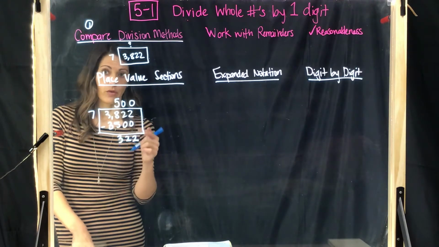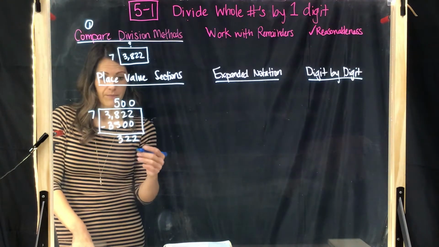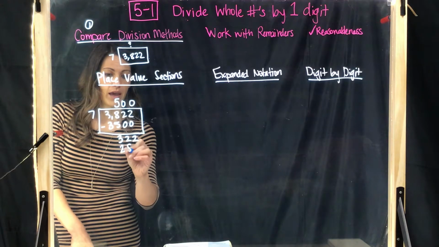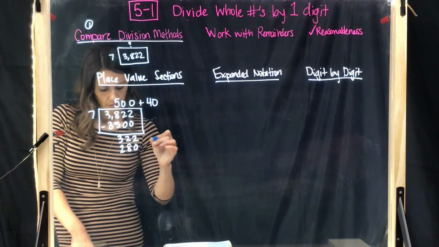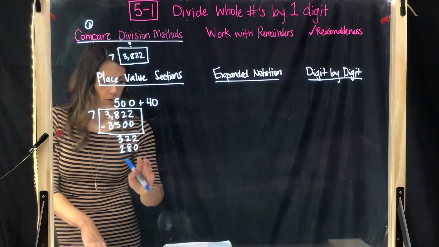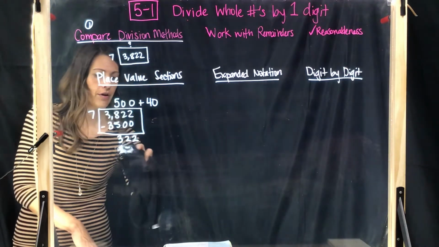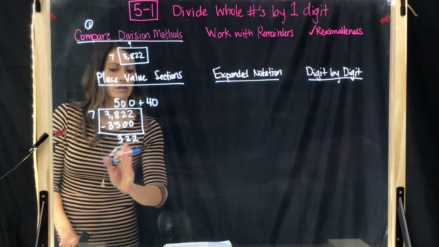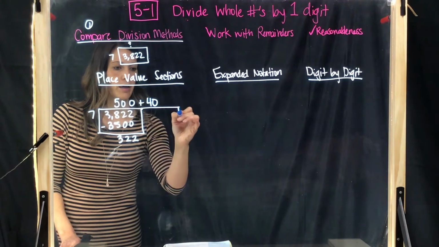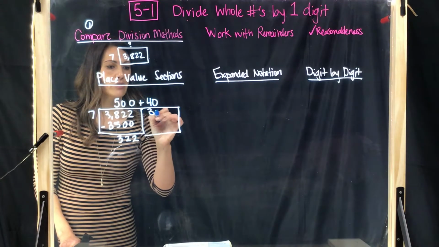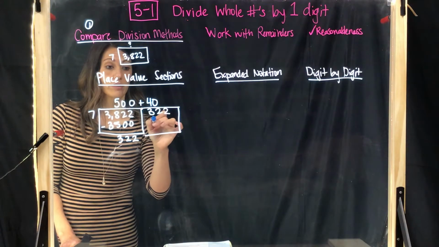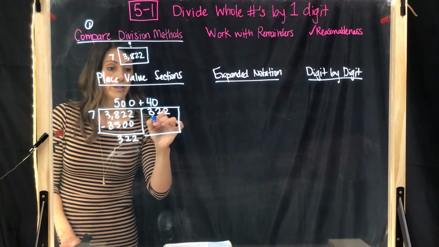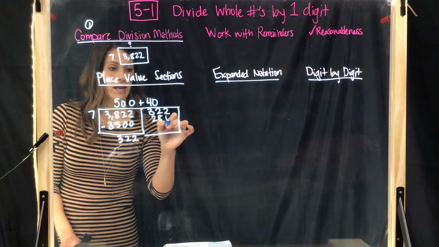So if 7 times 4 is 28, then 7 times 40 would be 28 with a 0. So with each number, you make a new box. That 322, I'm going to put in my new box here. And I said 7 goes into 322 40 times, which equals 280.